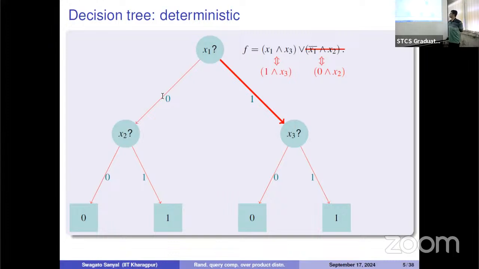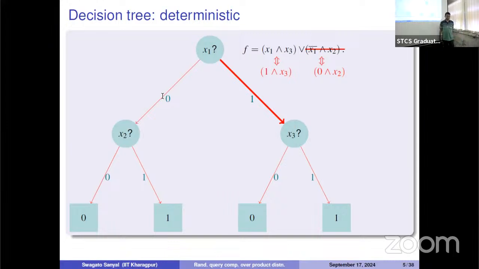And such a tree is said to compute a function f if the output of this process for every input bit string agrees with f(x). So if you run this process on an input bit string x, it agrees with f(x) for every bit string x. So this decision tree computes the function f written up there.